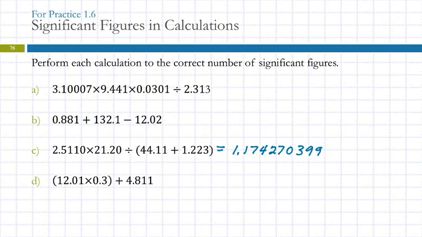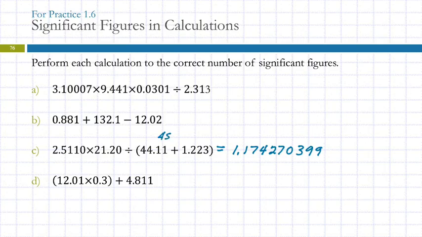Okay. That's a ridiculous number of digits. What operations do we have here? We have multiplying, dividing, and adding. So we have to look at them separately because they have different rules. So this adding, we can add those together and figure out, well, what is the intermediate there? 44.11 plus 1.223.